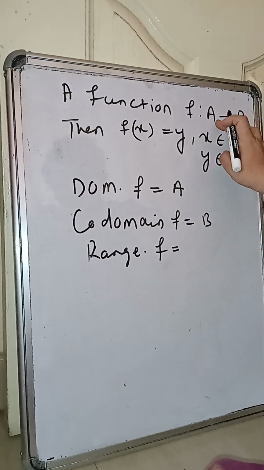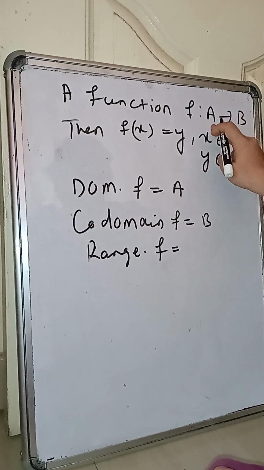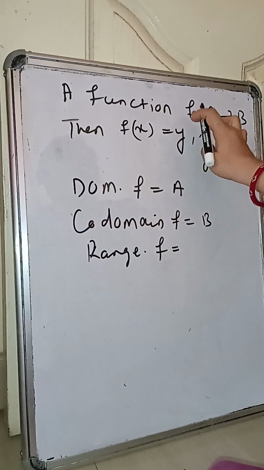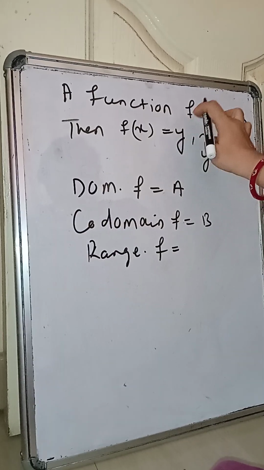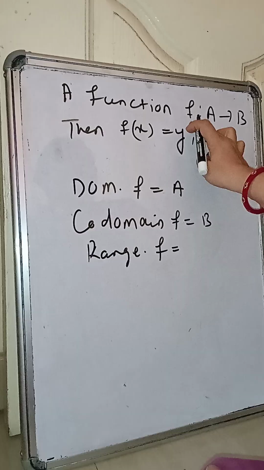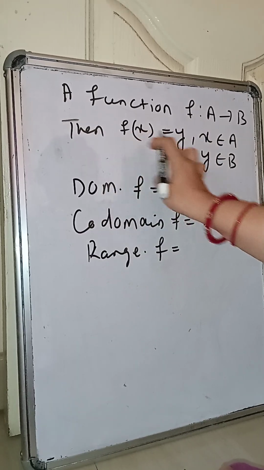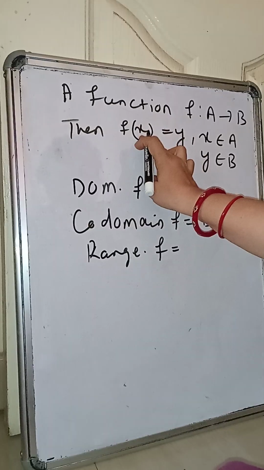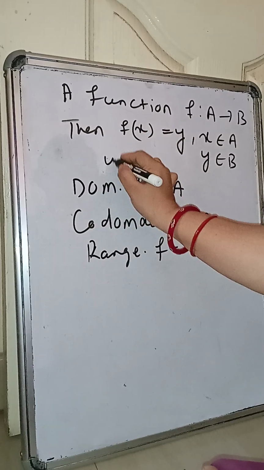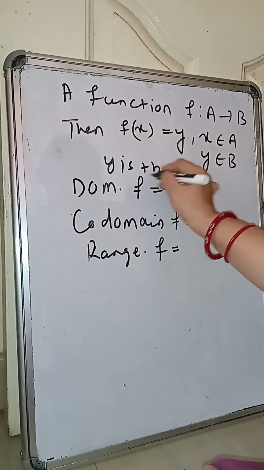If you take an element x from set A, then by this function, which is a rule f, x is assigned to y. So y is the image of x.